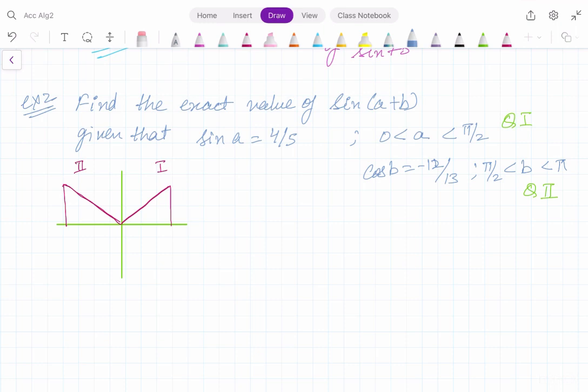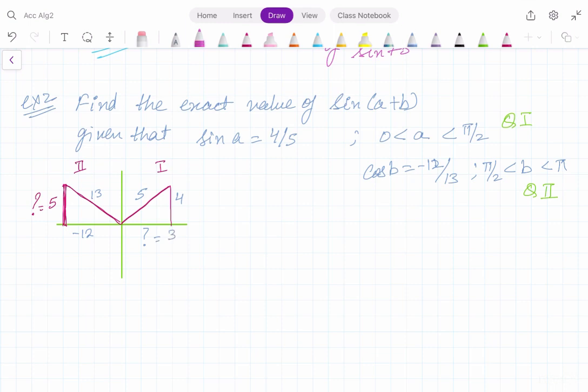Sine, remember, is opposite over hypotenuse. So we have opposite and hypotenuse, we don't have the adjacent. And the same thing, cos is adjacent over hypotenuse. So we have adjacent and hypotenuse, we don't know the opposite. So we can use the Pythagorean theorem and we will get the opposite as 5 in quadrant 2. And for quadrant 1, it is a Pythagorean triple of 3, 4, and 5.